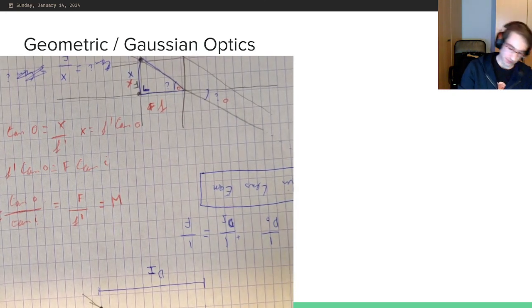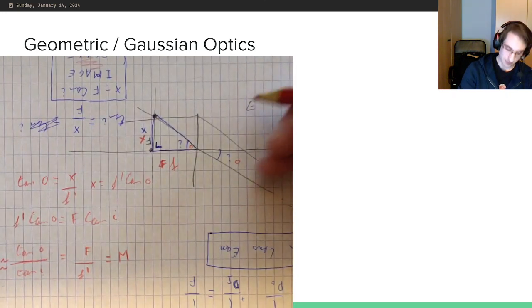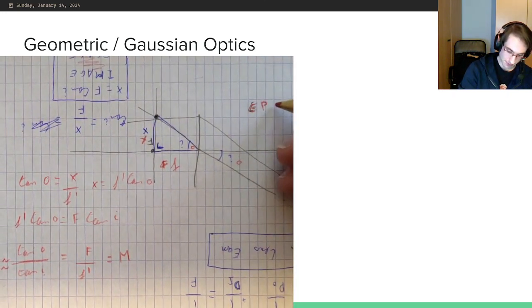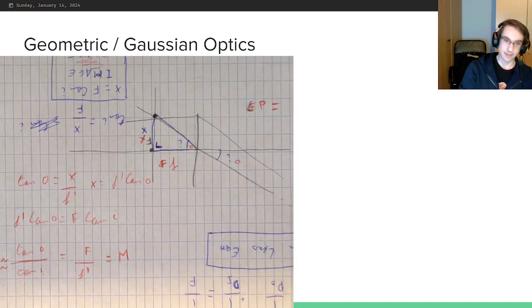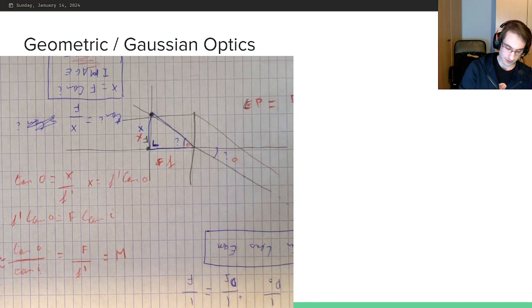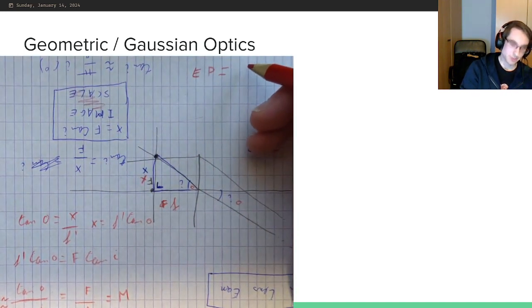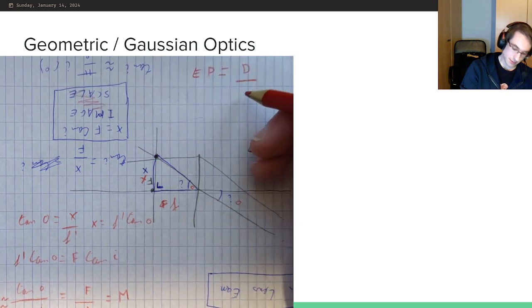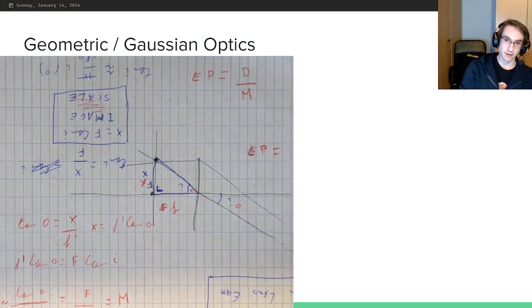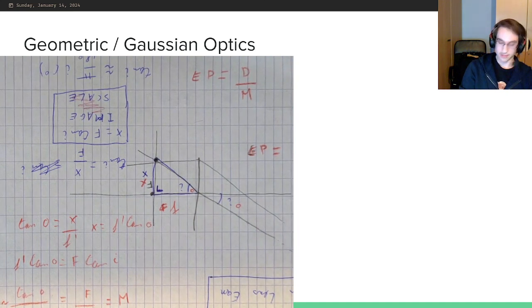And the size of this beam, this exit pupil, I was writing eyepiece things in red, so exit pupil, which I'll write EP, is going to be equal to the diameter of my telescope divided by the magnification of my system.